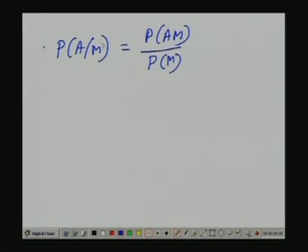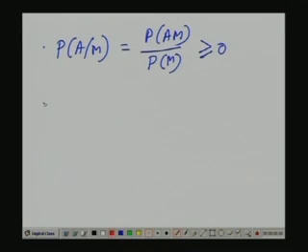When we consider this conditional probability, we never take the event here to be the impossible event. So this probability is not 0, but neither of them is negative, which means this is always greater than or equal to 0. Of course, it will be 0 if P(AM) is 0, and this becomes 0 if A and M are mutually exclusive. So, when A occurs, M does not occur, and vice versa, only then it is 0. So, this satisfies axiom number 1.